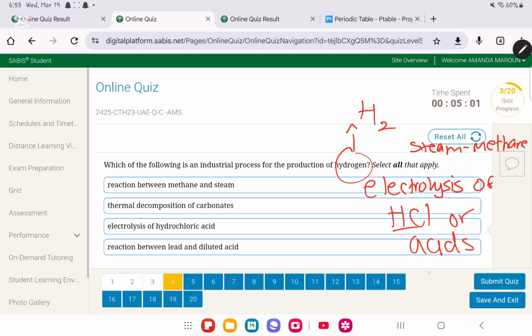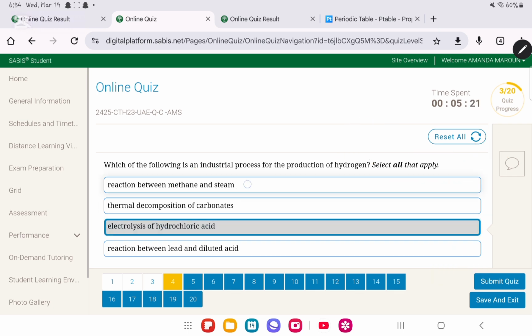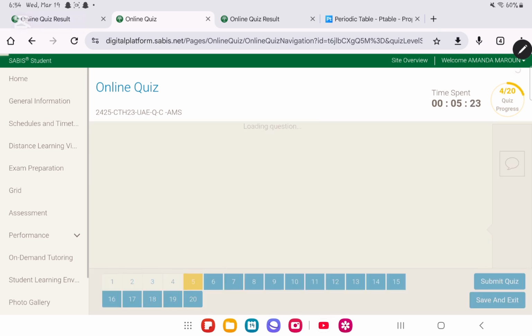So it could be HCl, it could be H2SO4, whatever it is, as long as it has H in it, it will produce H2 gas. So we said reaction between methane and steam, which is steam methane reaction, and the electrolysis of hydrochloric acid or any acid. So these two will work.